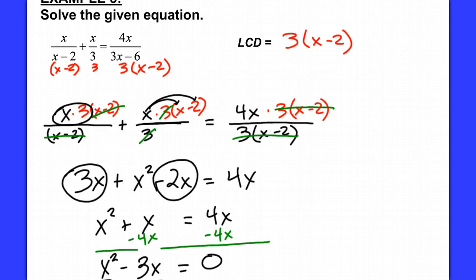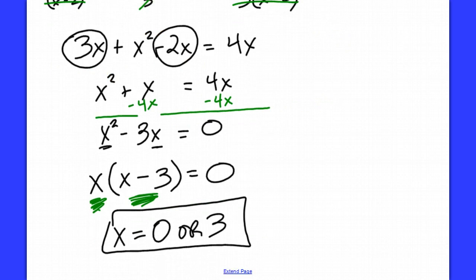If x is 0 or 3, is it going to make any of these equal to 0 on the bottom of the fraction? Well, I think both of these answers would work. So our answers come out to be good. Our 2 answers for this problem are x is equal to 0 or 3.